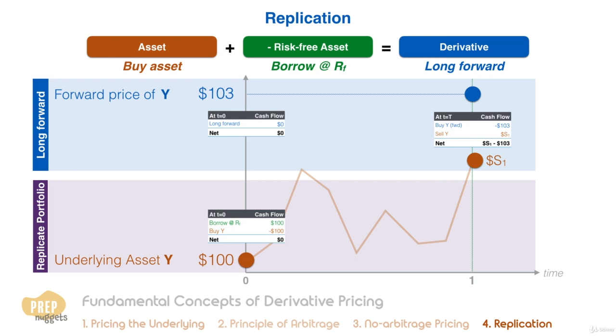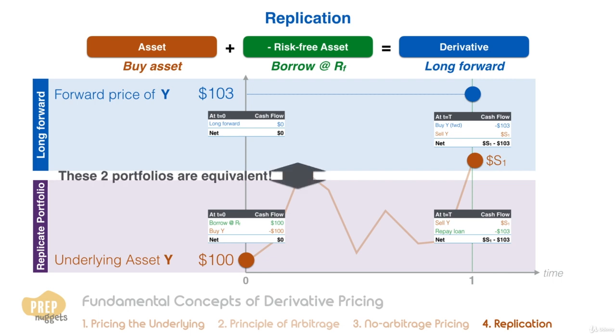Under the replicated portfolio, the investor sells the asset at the market price of S1. The investor also has to repay the loan by returning $103. So likewise, his net cash flow at expiration is S1 minus $103. As you can see, the net cash flows for both portfolios are identical.